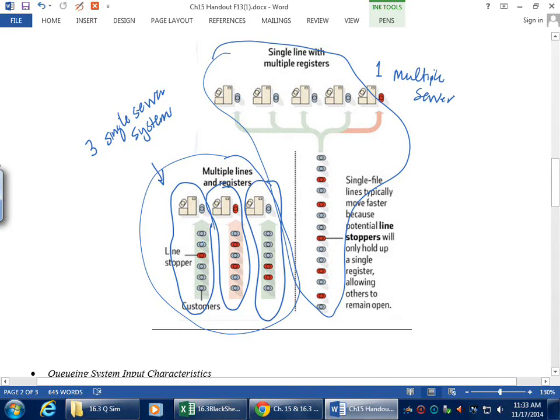That's why Whole Foods, when they opened their doors in Manhattan, studied hard to come up with the most efficient system, and that's why they have a multiple server system. When you first go in, it's kind of intimidating.